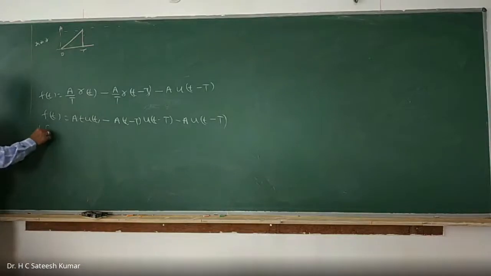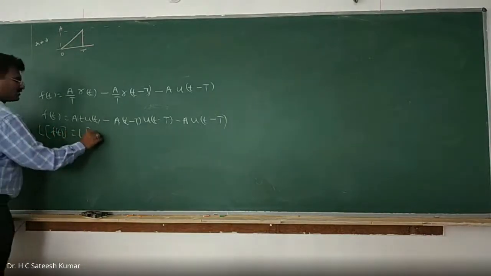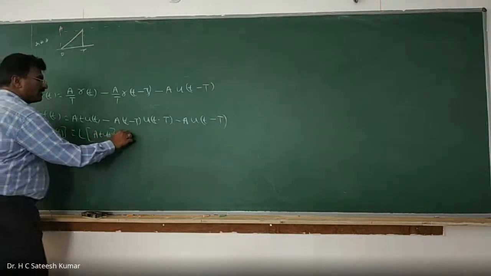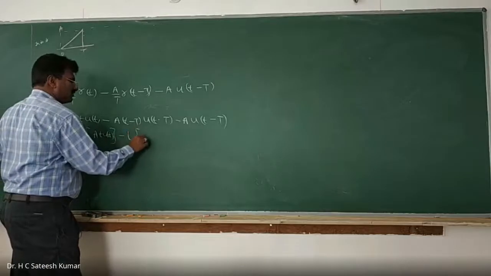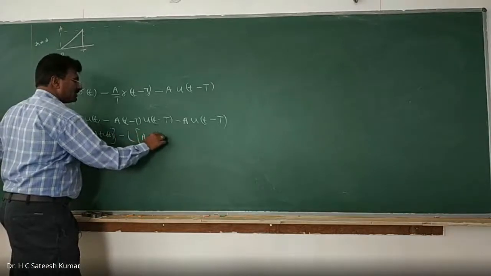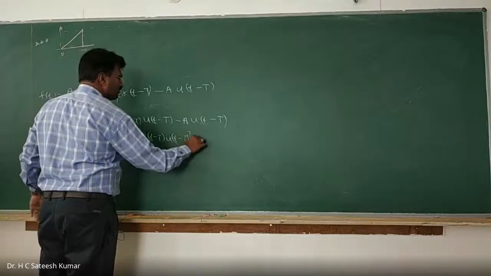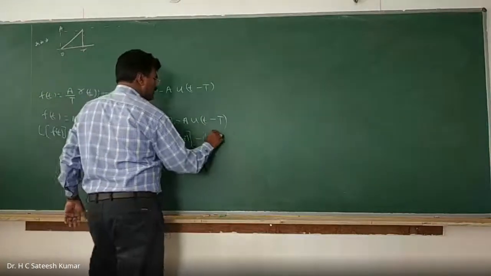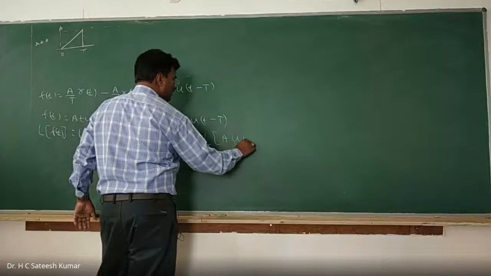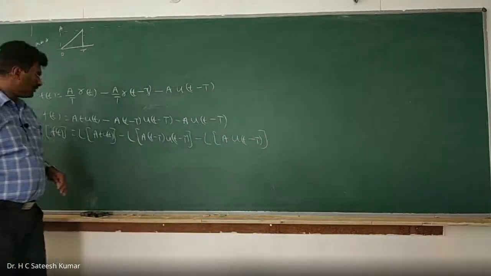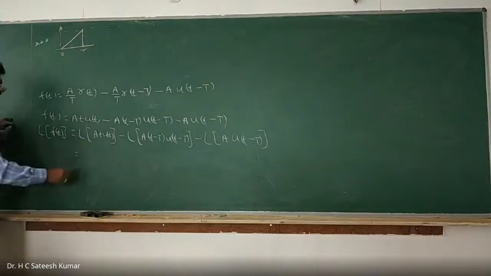So Laplace transformation of f of t is equal to Laplace transformation of A by T into t into u of t, minus Laplace transformation of A by T into t minus T into u of t minus T, minus Laplace transformation of A into u of t minus T. Now you take the Laplace transformation. Laplace transformation of A is constant; you keep it as it is.